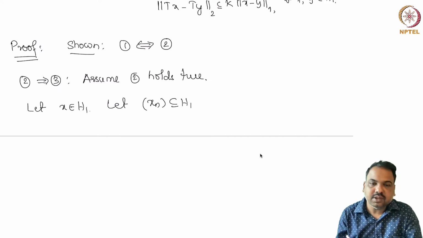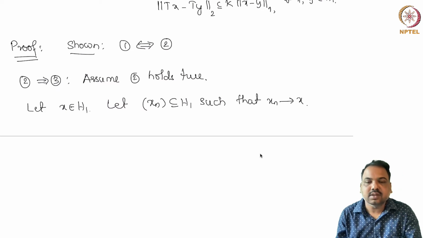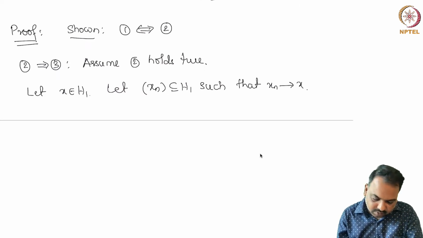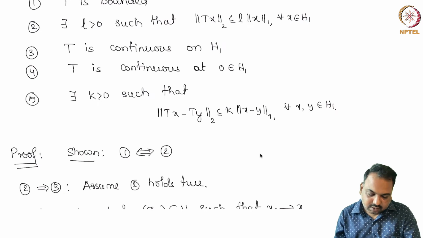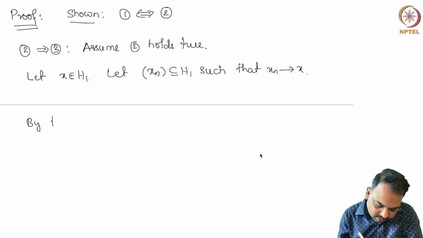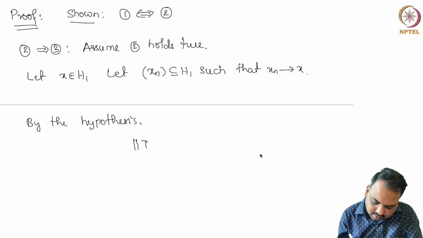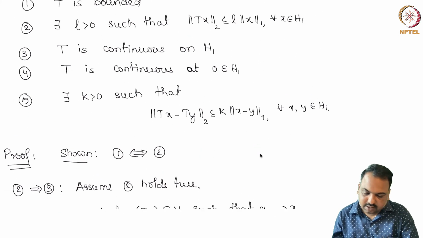So let us take Xn a sequence from H1 such that Xn converges to X. Now we want to show that, by condition 2, by the hypothesis, norm of T of Xn minus X is less than or equal to L times norm of Xn minus X, right, by 2.